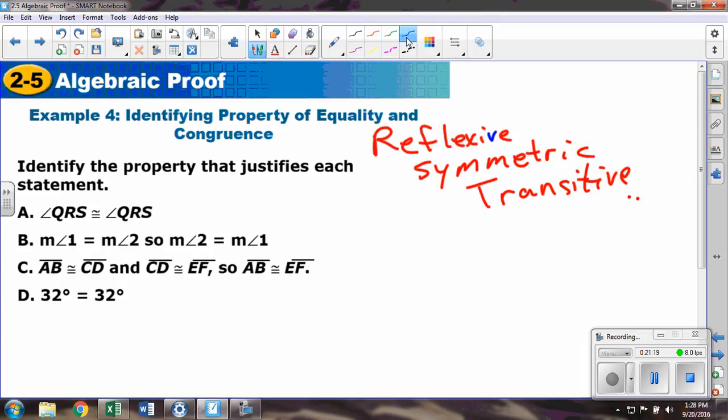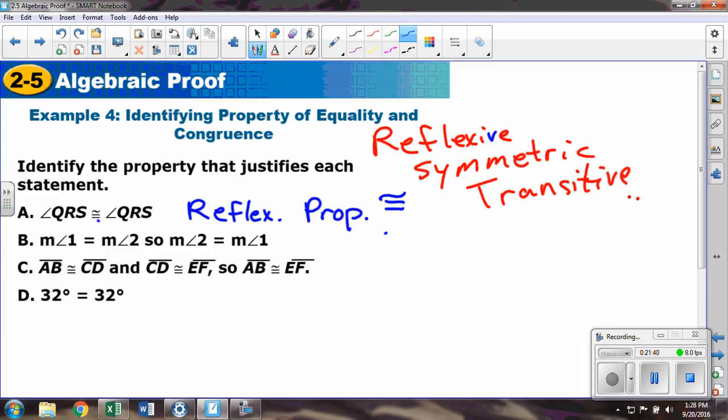This one is the reflexive property. So we have the reflexive property of congruence, because we are using the congruent symbol.